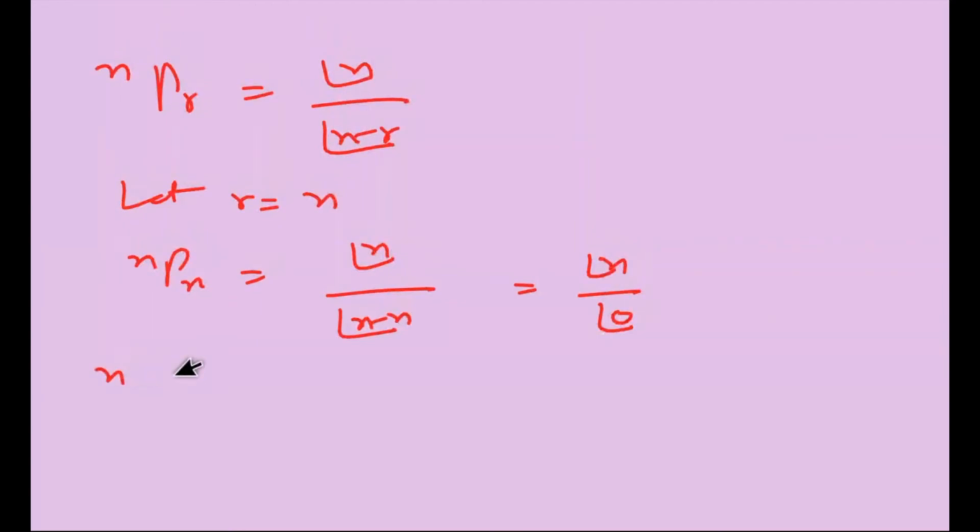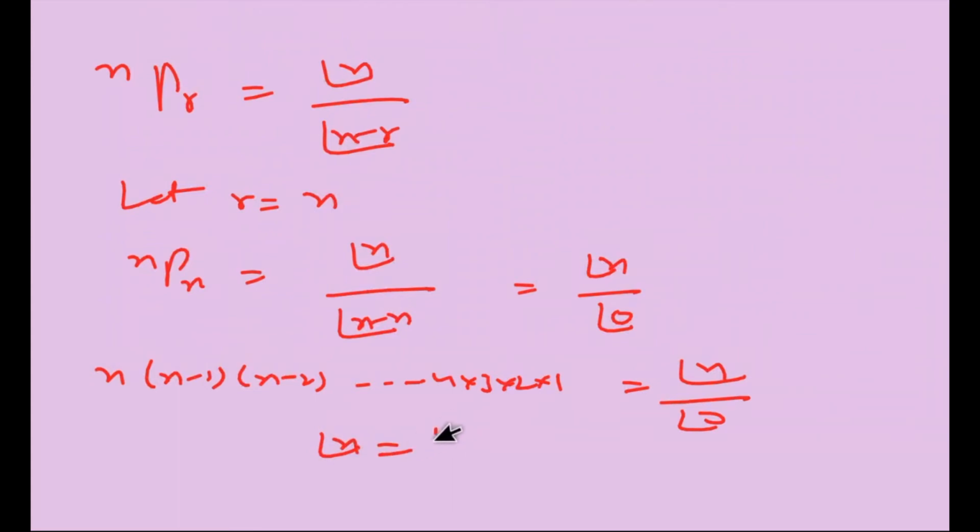So we can write n, n minus 1, n minus 2, dash dash dash, 4 into 3 into 2 into 1, which is also factorial n. So the value of factorial 0 is factorial n upon factorial n, which is equal to 1. So what we have to prove? We have to prove that factorial 0 is 1. Okay student? So factorial 0 equals 1.